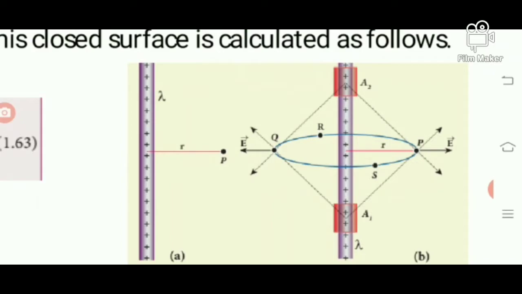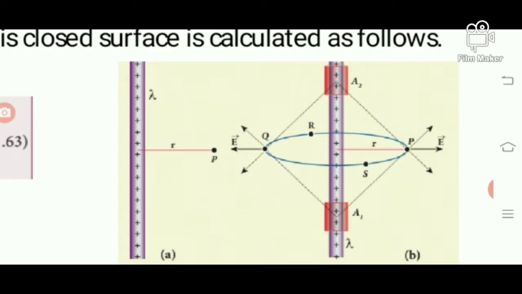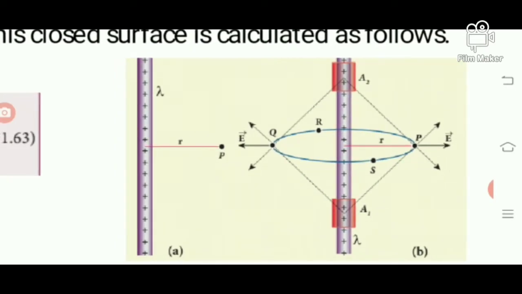We choose two small charge elements A1 and A2 on the wire, which are at equal distances from the point P. The resultant electric field due to these two charge elements points radially away from the charged wire, and the magnitude of the electric field is the same at all the points on the circle of radius r.